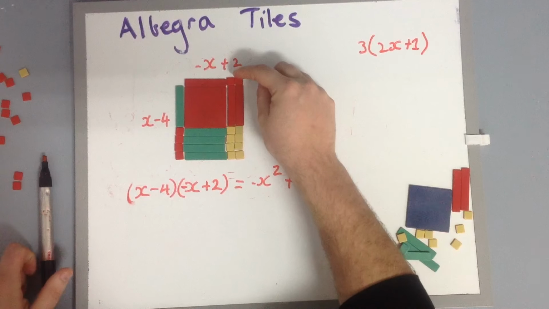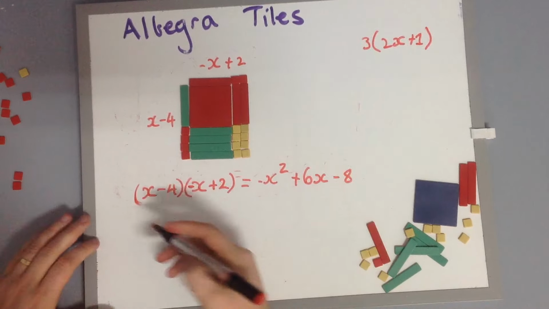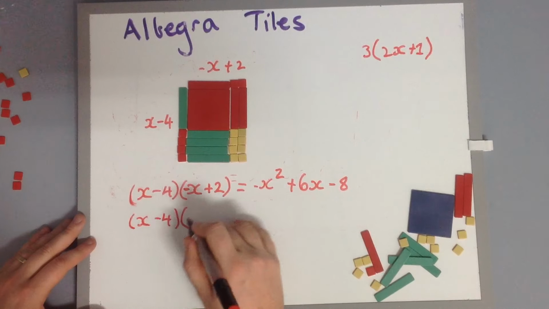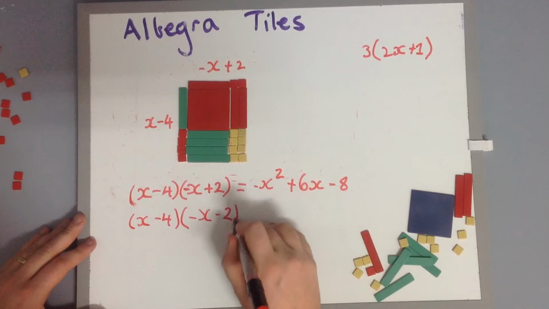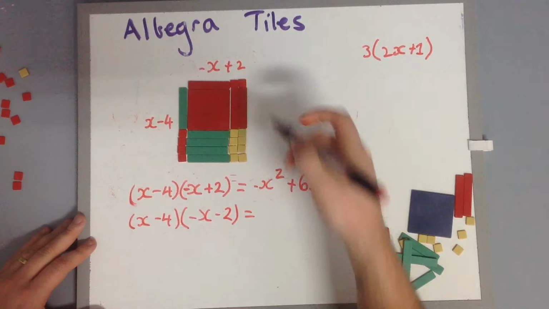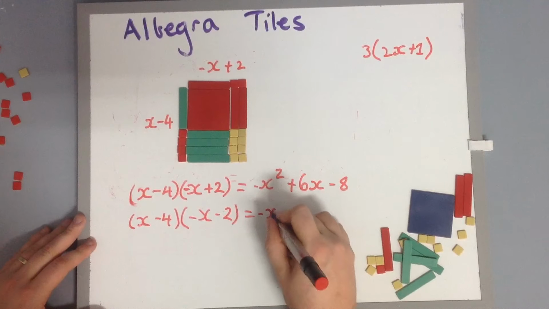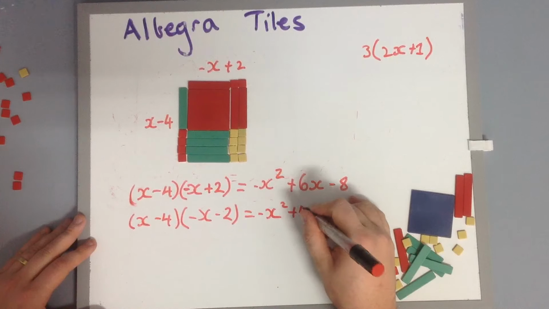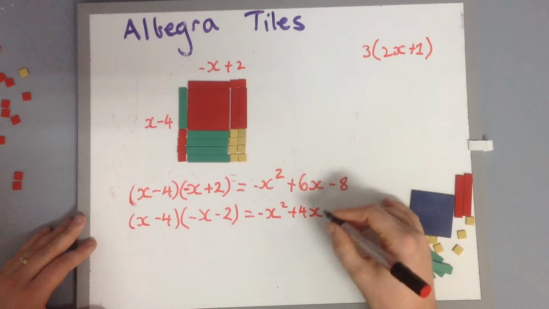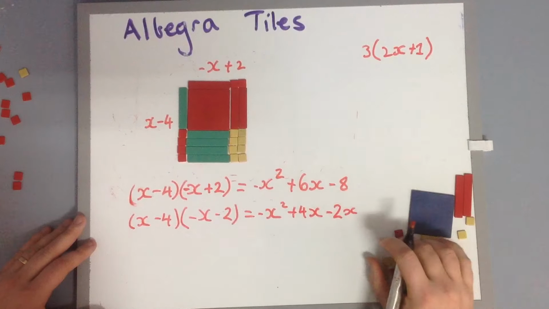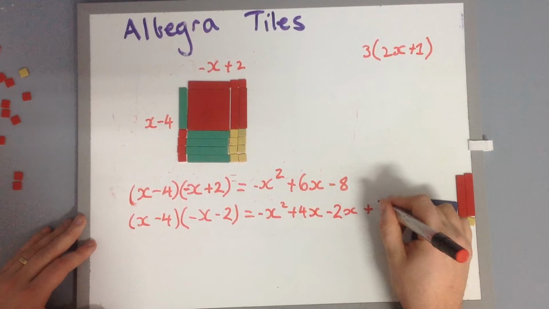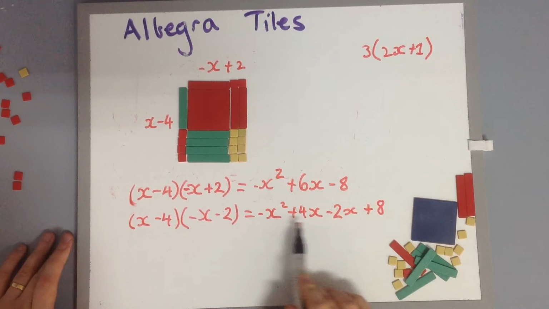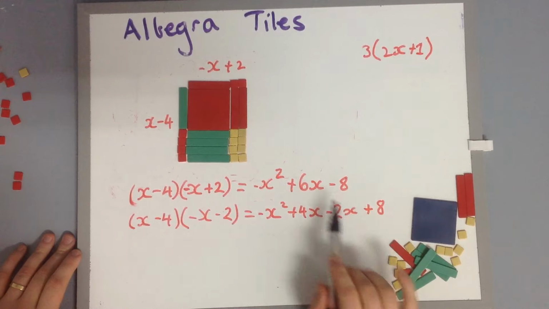But have a look at what's happened with my x's now. This is x minus 4 and negative x minus 2. We've still got our negative x squared, but now I've got 1, 2, 3, 4 positive x's and 2 negative x's, and 8 positive 1s. You can see that in here these are like terms.